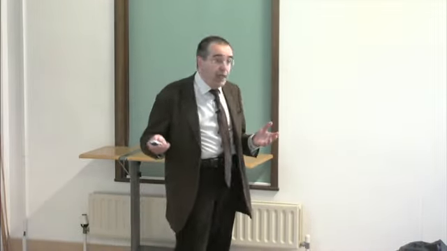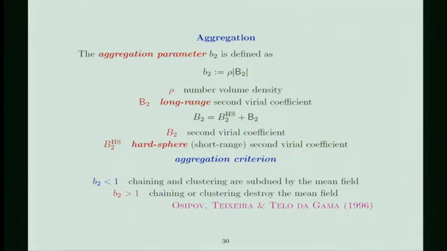If this number is greater than 1, then the opposite happens, and you should be very careful in believing in the meaning of any of these mean field theories. Actually, what I have said so far, if B2 were greater, even much greater than 1, would be completely senseless.